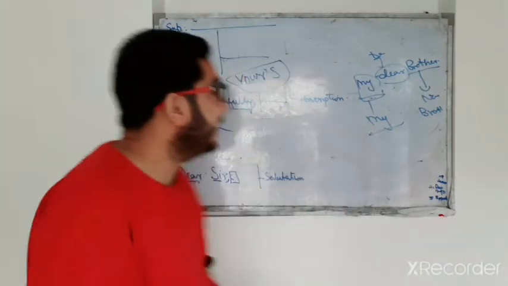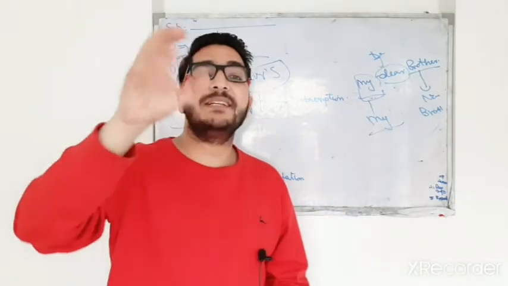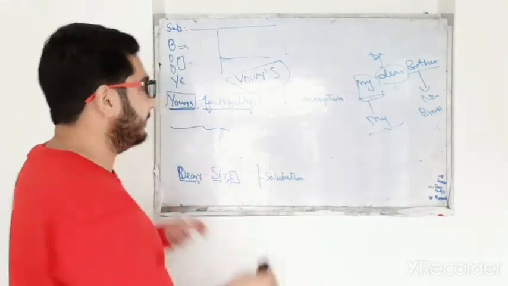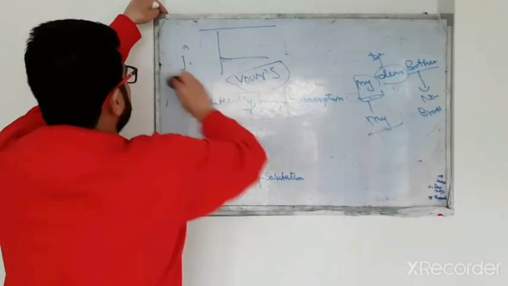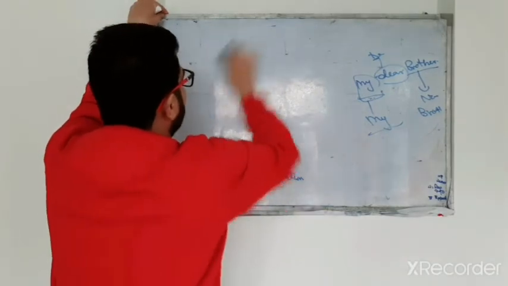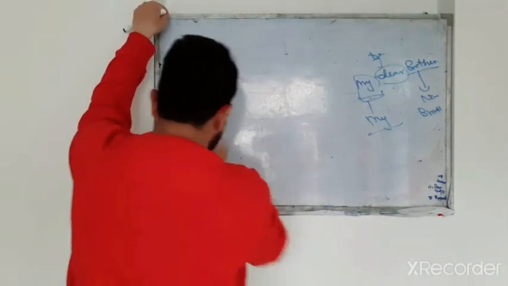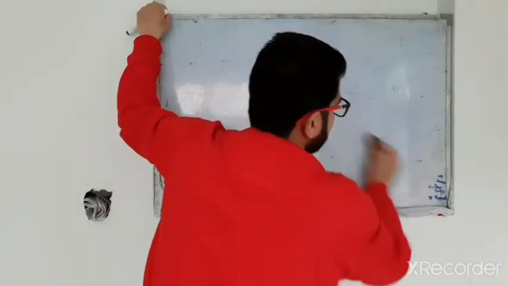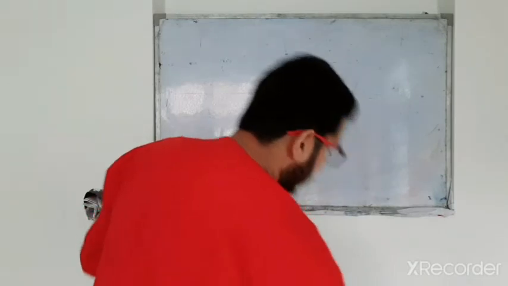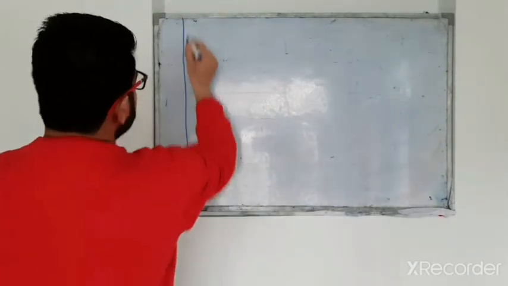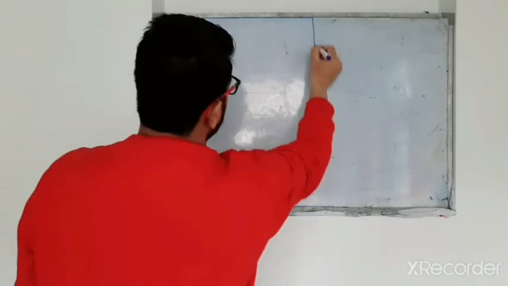And now finally I will tell you how to write in block style. Where do we have to place which element in block style? For example, this is a page.